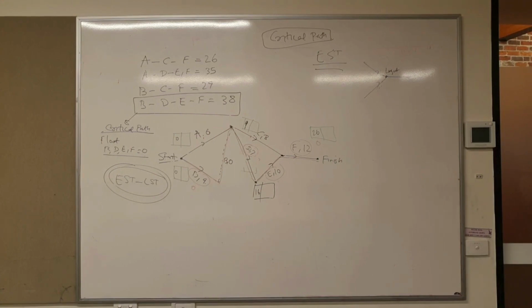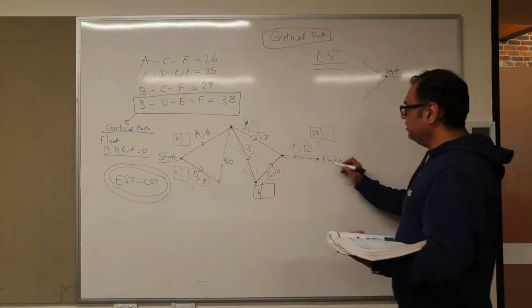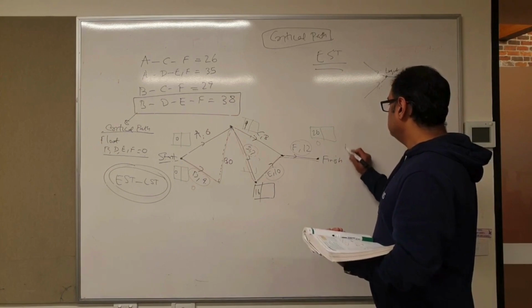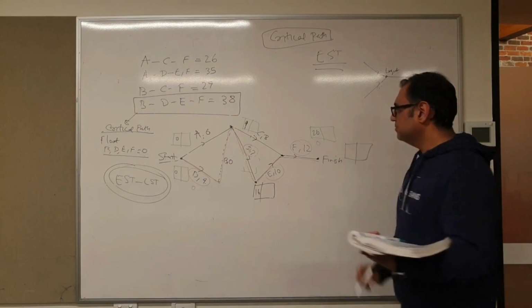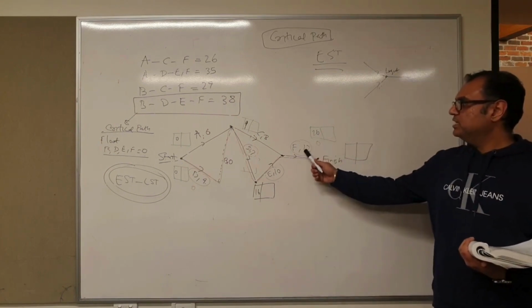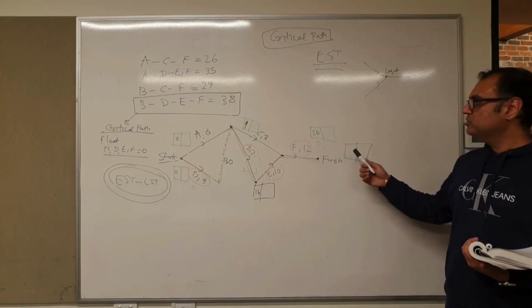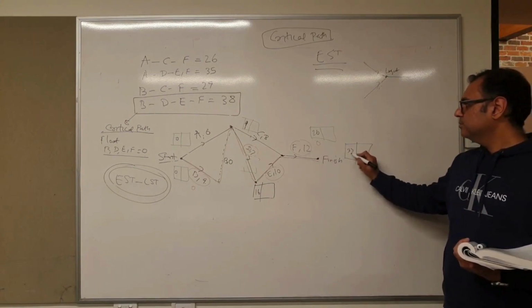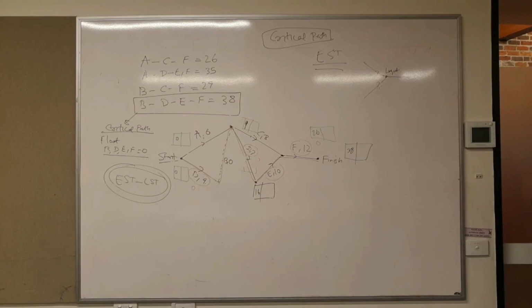Does that make sense? And what is your finish? The finish is also a box. So from 26 plus 12 is how much? 38. And that's the number for finish.